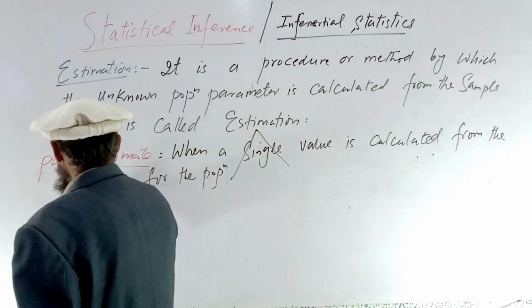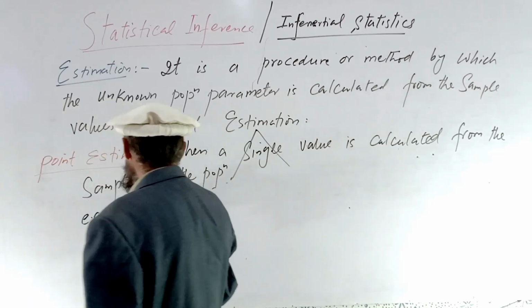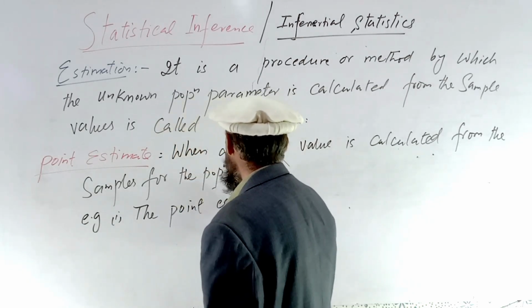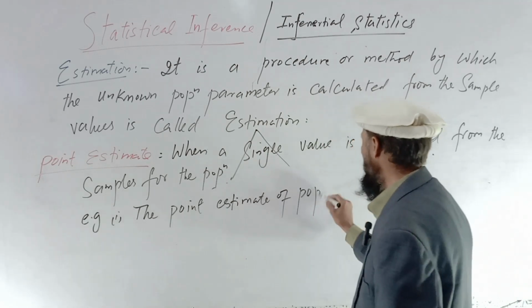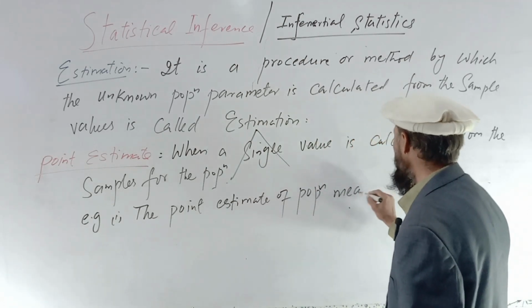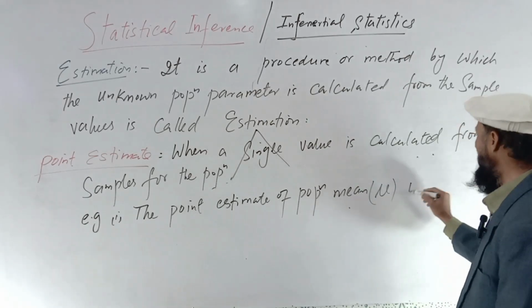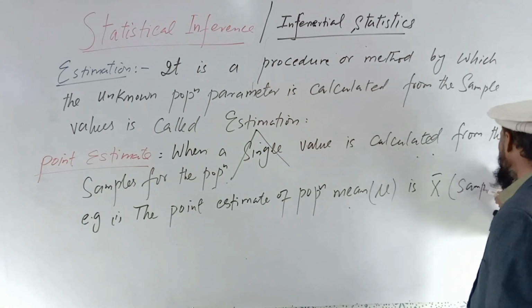For example, the point estimate of the population mean, denoted by mu, is x bar. X bar means sample mean.